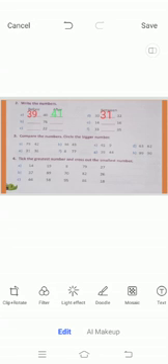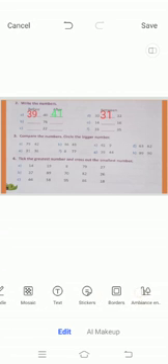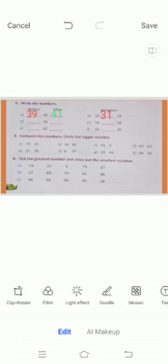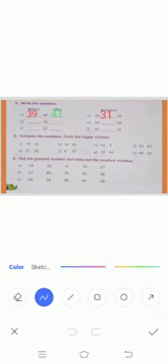How can we find this? First we should check the ones place and tens place. Here these are 2-digit numbers. So you should check the tens place. This is 7 tens. Here 4 tens. So 7 tens is bigger. So 79 is bigger. So you can circle 79.